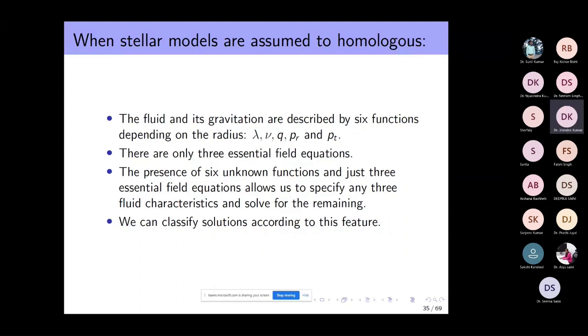There are only 3 essential field equations. So the presence of 6 unknown functions and just 3 essential field equations allows us to specify any 3 fluid characteristics and solve for the remainder. We can assume any 3 and get the other 3. So we can classify solutions according to these features.